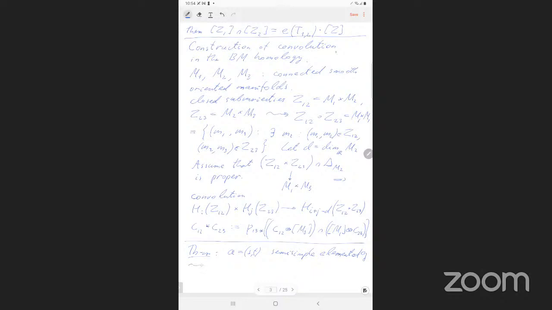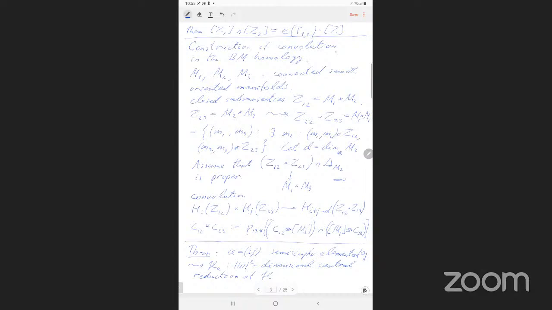So it gave rise to some central reduction. It was the order of W squared dimensional central reduction of our affine Hecke algebra.